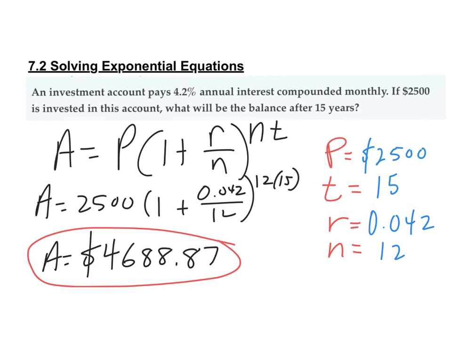Okay, maybe it's $50, maybe it's $20, I don't know. Ultimately, this person, in 15 years, by doing nothing, made over $2,100. Okay? They found a low-risk investment, and they just let the money sit there.